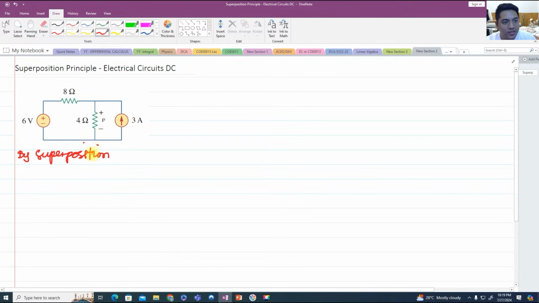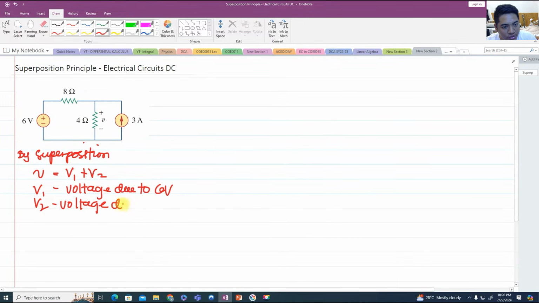The problem is, what is the voltage across that 4 ohms? So I'll label it as V sub 1 plus V sub 2. V sub 1 is the voltage due to 6 volts, and V sub 2 is the voltage due to 3 amperes.